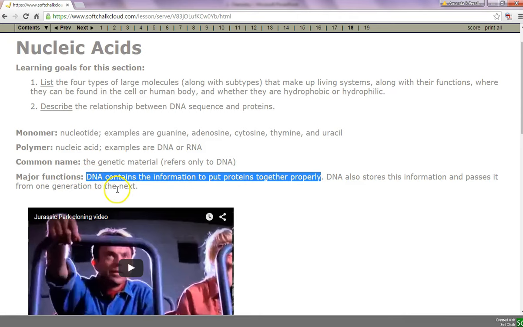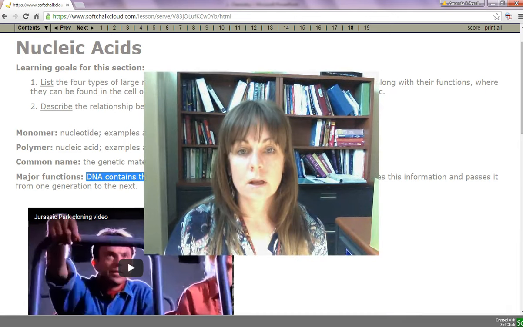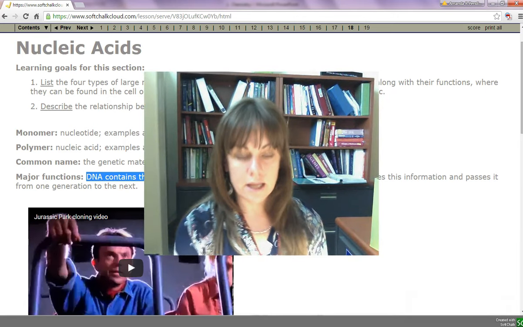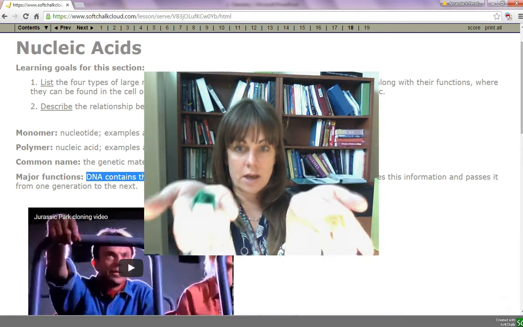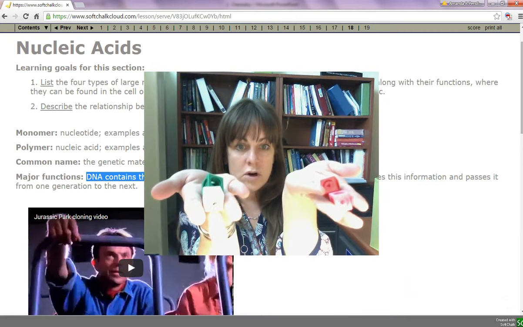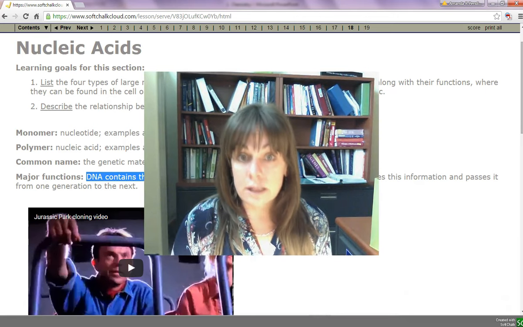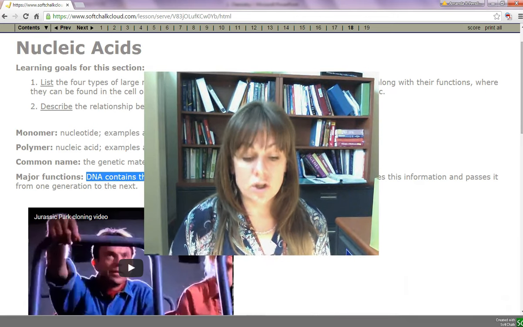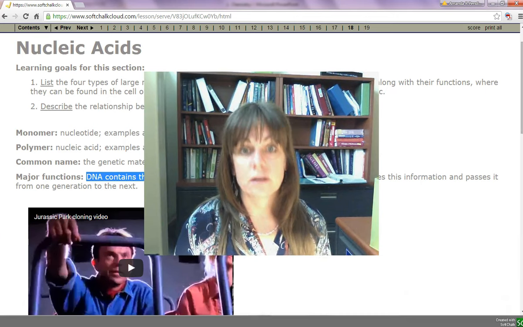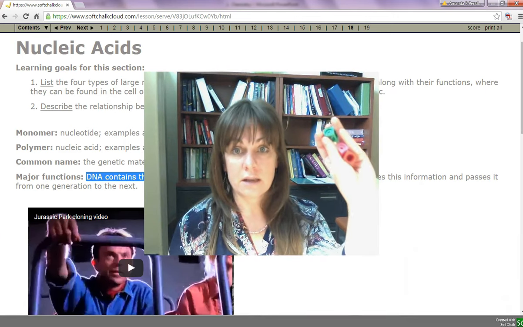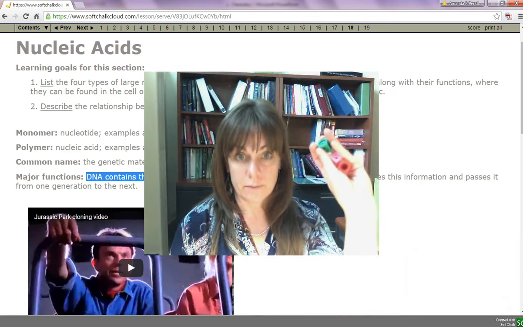Okay, so let me use my building blocks here and hopefully explain this a little bit more. Okay, so DNA has the option of 4 different subunits. Now DNA, it's found on chromosomes in the nucleus, and you literally have millions of these subunits stuck together.